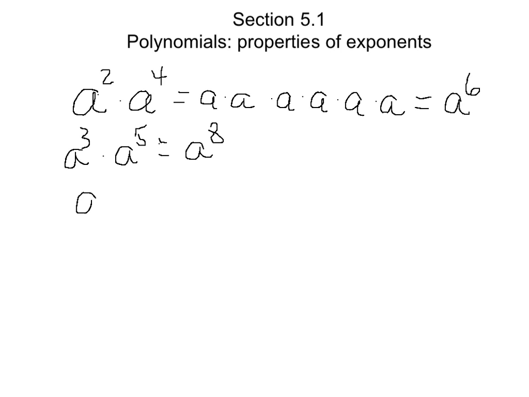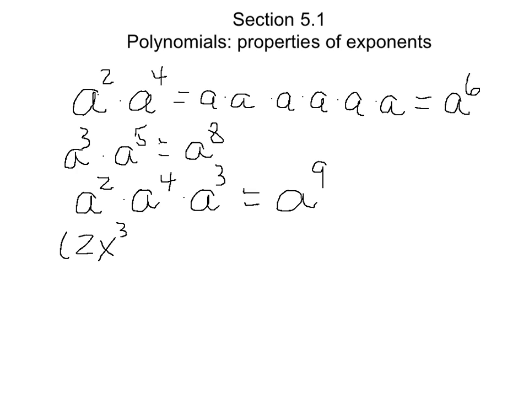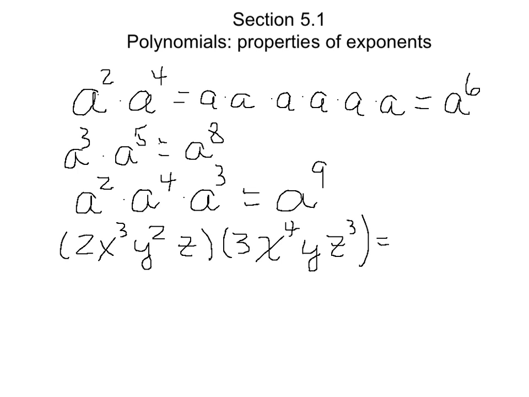How about if we put a couple together? A squared times a to the fourth times a to the third, that's going to be a to the ninth. And if we make it even more interesting, if we have something like 2x cubed y squared times z, and we multiply by 3 x to the fourth y z cubed, well, that's going to equal, just multiply the same things together.